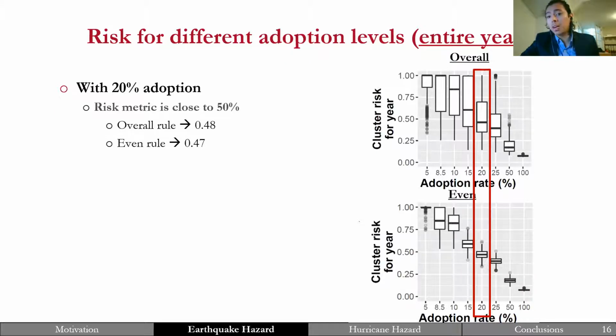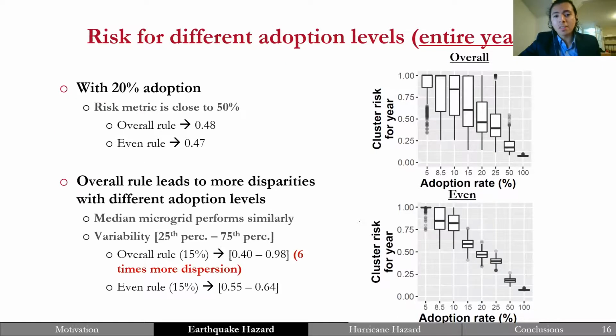So that's the first thing you start seeing. With 20% adoption and upwards, you can see significant benefits for resiliency. The second thing you see here is the difference between the boxes under the even and overall adoption rule. Under the overall rule, the boxes are quite wide, whereas in the even adoption rule, they are narrow.